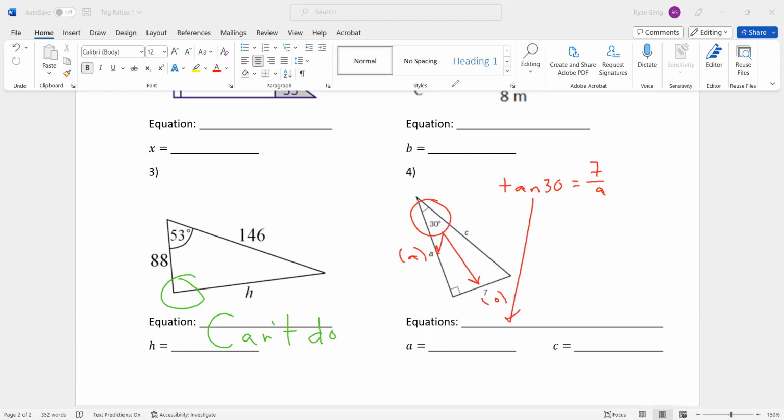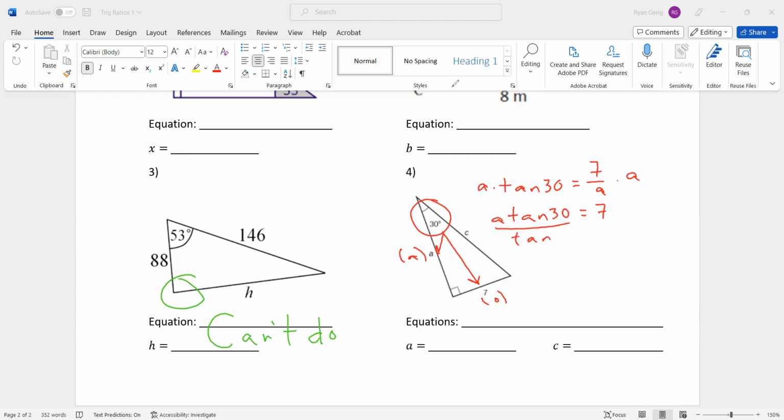This one is tough to solve because you have the variable on the bottom. So I'm going to do this in 2 steps. So notice what I did. I always multiplied by the denominator, even if it's a variable. Okay, that doesn't solve for A yet, though, because I need A by itself.